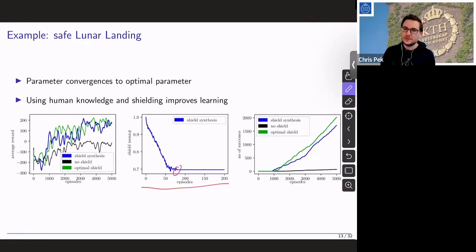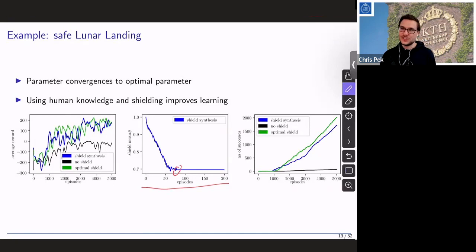And there the KL divergence stops because it is sufficiently small. So we arrived at the parameter for the shield that gives us the best performance in this case. And on the right side, you can also see the number of successful landings corresponds to that case.